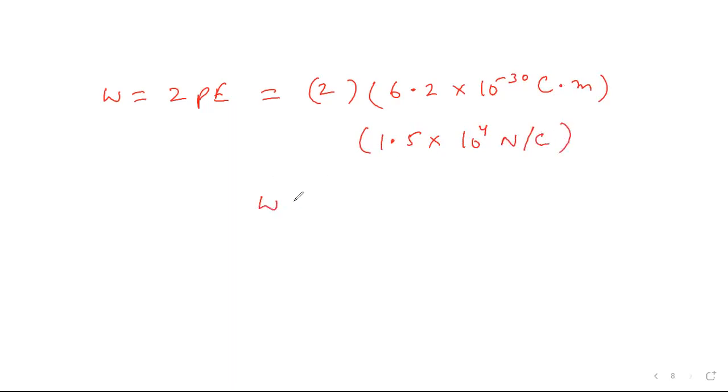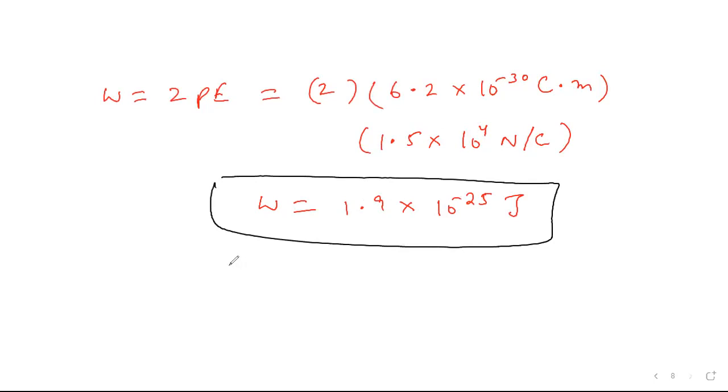When we do the calculation, it turns out to be 1.9 into 10 raised power minus 25 joule. This is the answer of part C. Let me check it. 2 times 6.2 into 10 raised power minus 30 coulomb meter times 1.5 into 10 raised power 4 Newton per coulomb. When we do the calculation, it turns out to be 1.9 into 10 raised power minus 25 joule. Check the calculation.